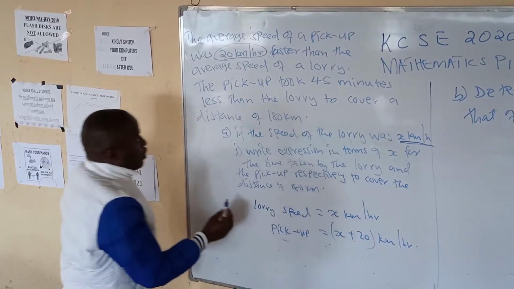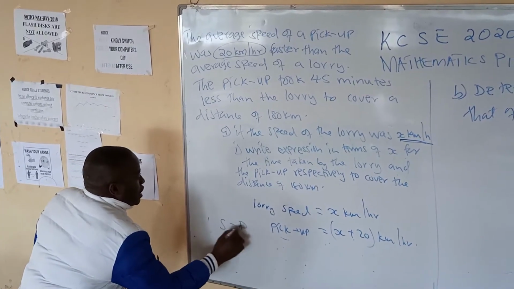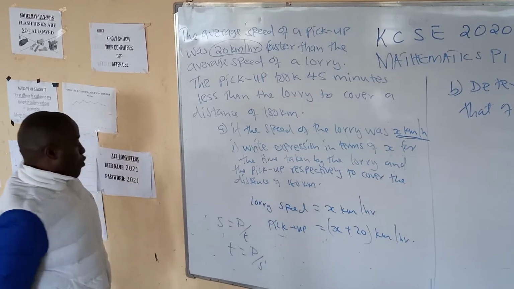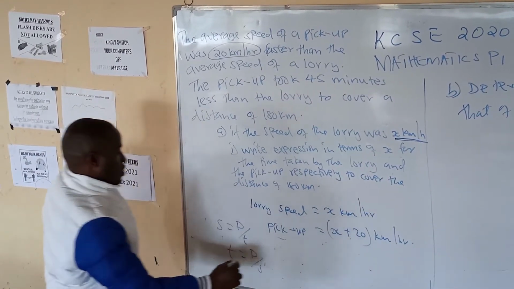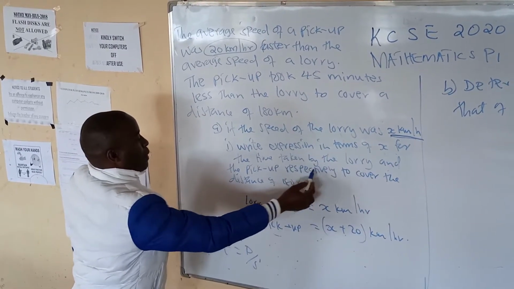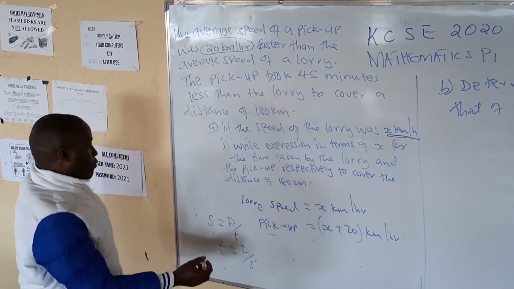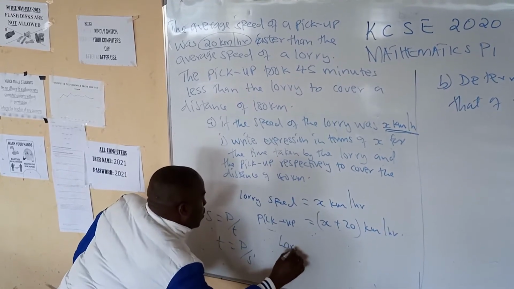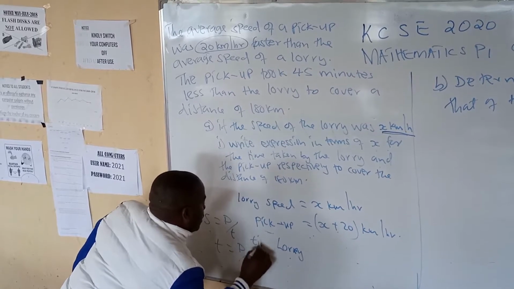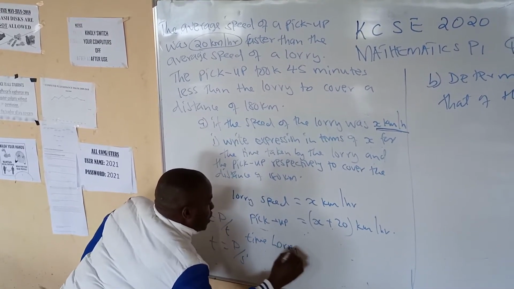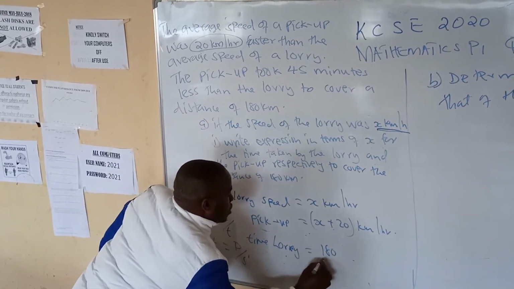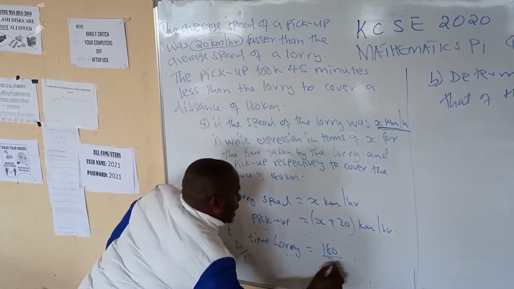And therefore, the question is that we write the expression in terms of x for the time taken. We know that speed is equal to distance over time taken, meaning that time is equal to distance over speed. So the time taken by the lorry equals the distance, which is 180 kilometers, all over the speed of the lorry, x.